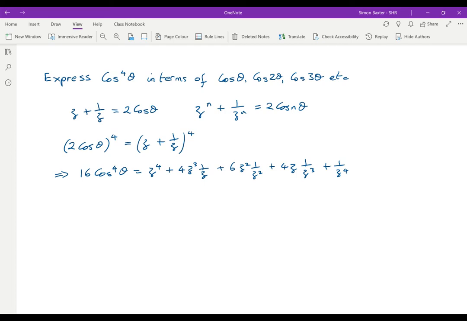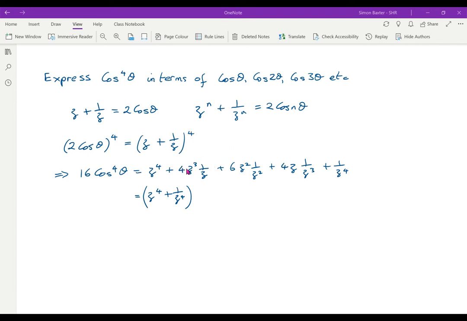Well, looking at the first and the last, that is z to the 4 plus 1 over z to the 4. Why do I like that? Because z to the 4 plus 1 over z to the 4 is 2 cos 4 theta.